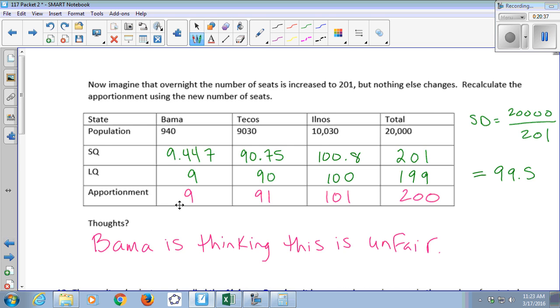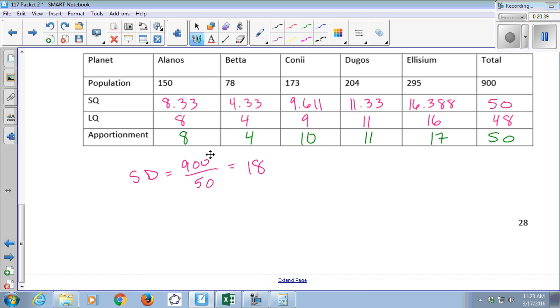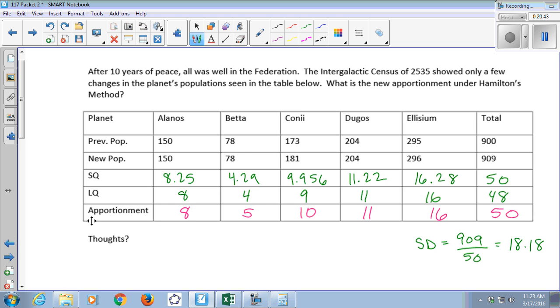So it was 8, 4, 10, 11, 17. So I'm just going to put that underneath: 8, 4, 10, 11, 17. This is the old 25, 25 apportionment. Okay.